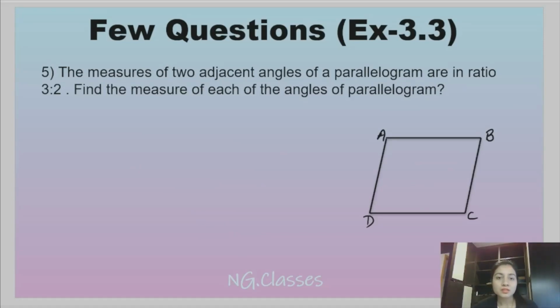Now another question. The measure of two adjacent angles of a parallelogram are in ratio 3:2. Find the measure of each of the angles of the parallelogram.